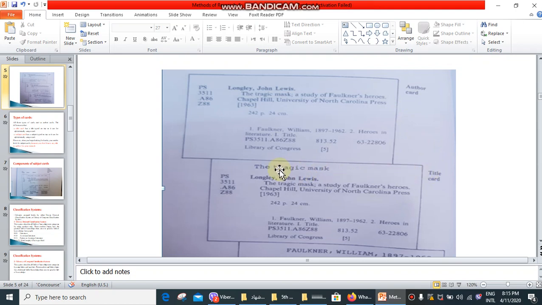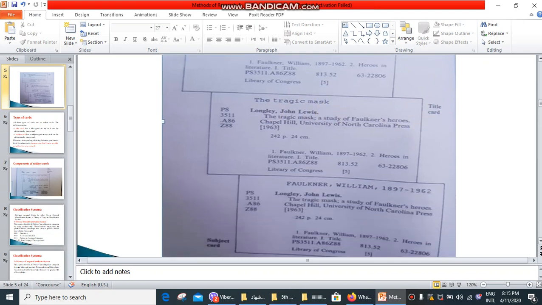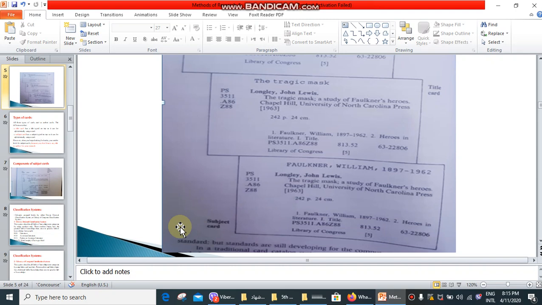And in the title card, the title of the book is located at the beginning of the card, before the author of the book. Here, according to the subject card, the subject or the field of study is located at the beginning of the card, followed by the author name and the title of the book.